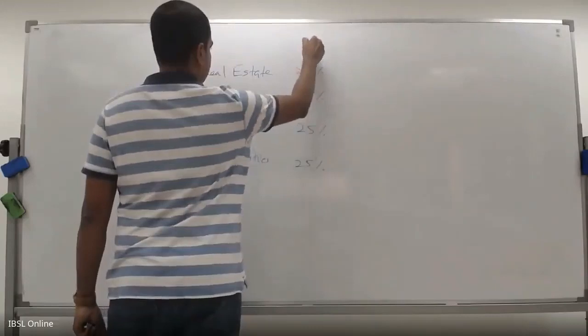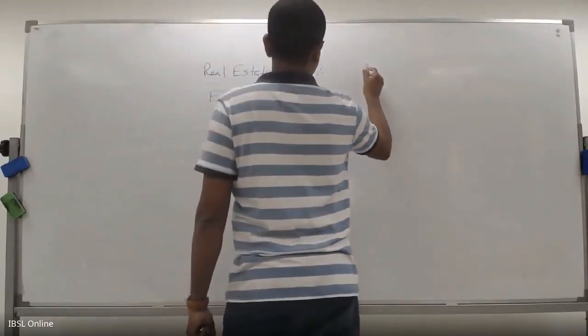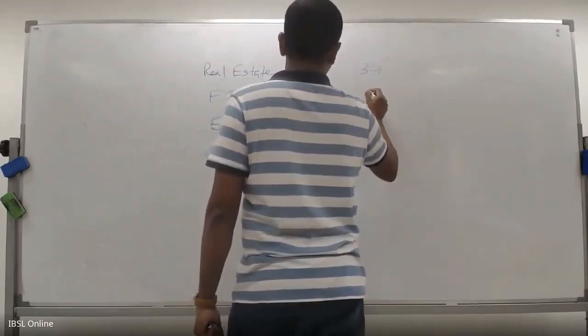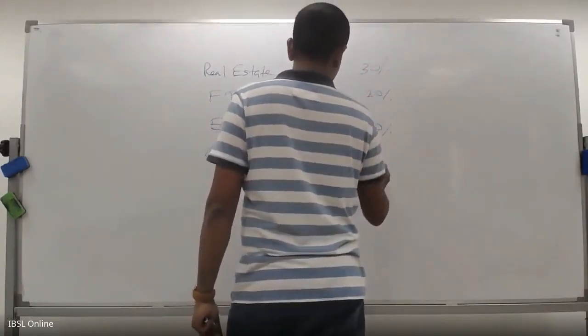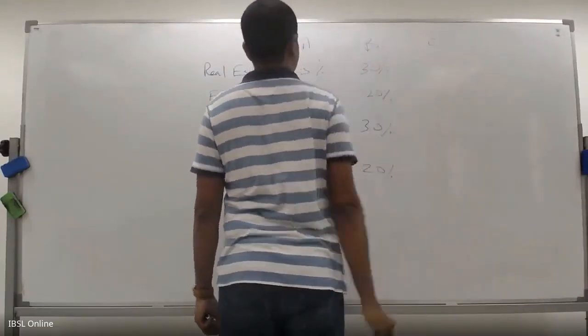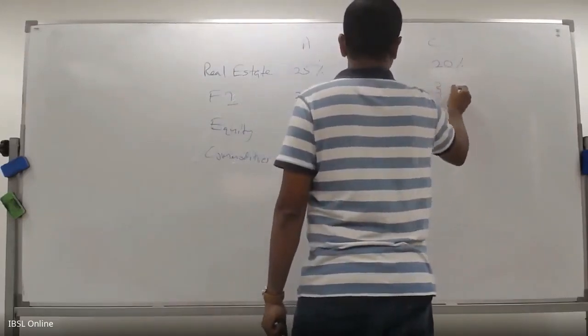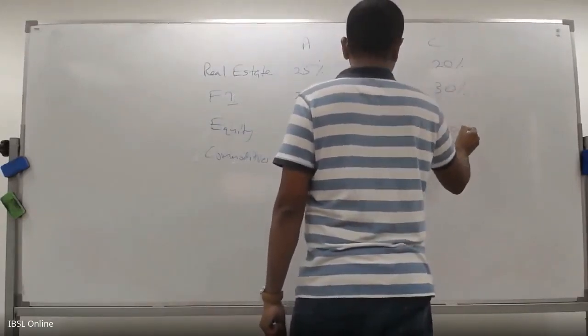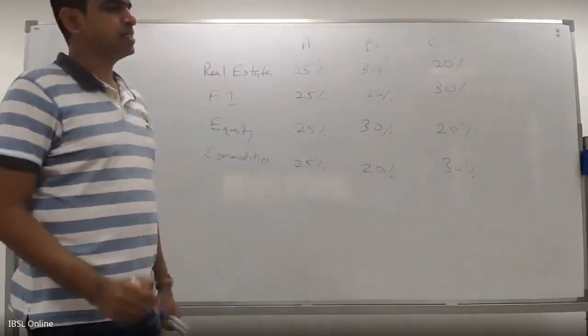Let's assume this is A. Another portfolio has 30% real estate, 20% fixed income, 30% equity, 20% commodities. That is B. Another has 20% real estate, 30% fixed income, 20% equity, 30% commodities. That is C, in various combinations.